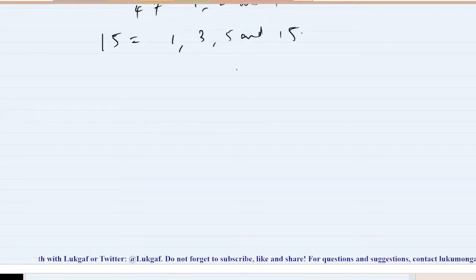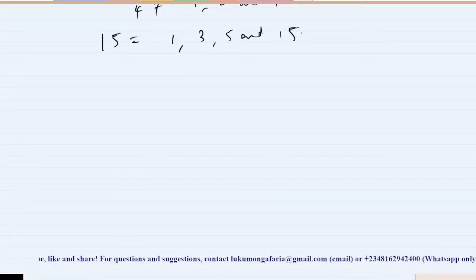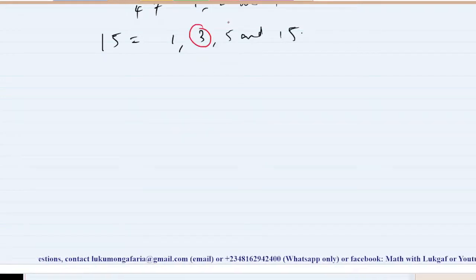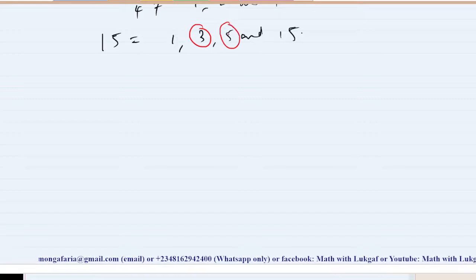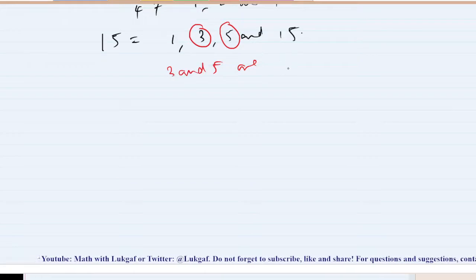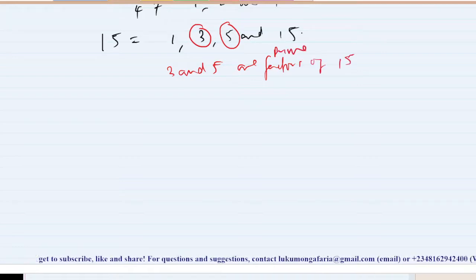Of all these 4 factors of 15, you will notice that only 3 and 5 are prime. 3 is a prime number, 5 is also a prime number. So the factors of a number that are prime are called prime factors. So in essence, 3 and 5 here are what? They are prime factors of 15.